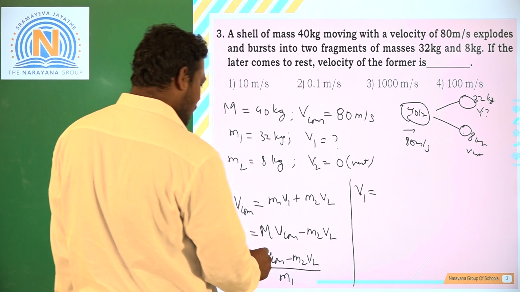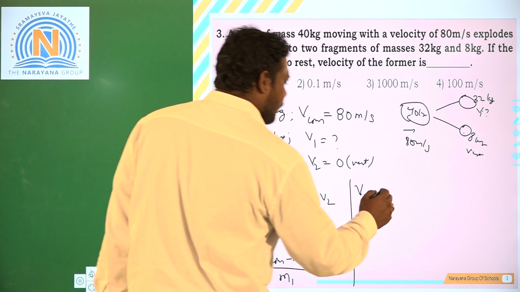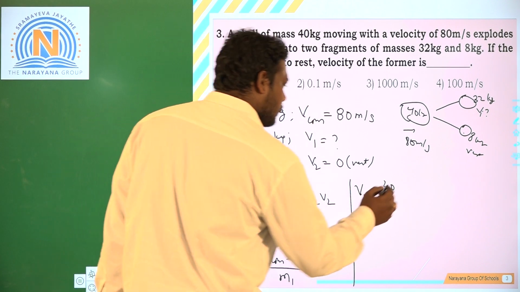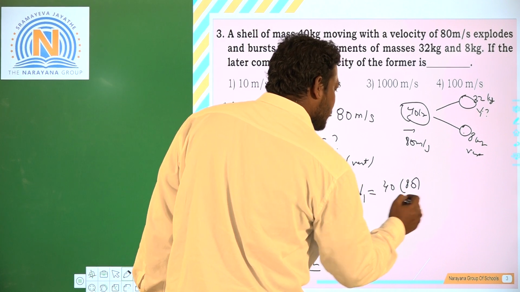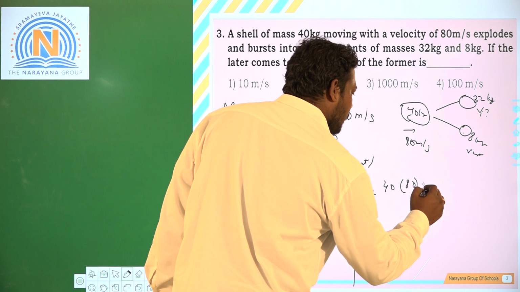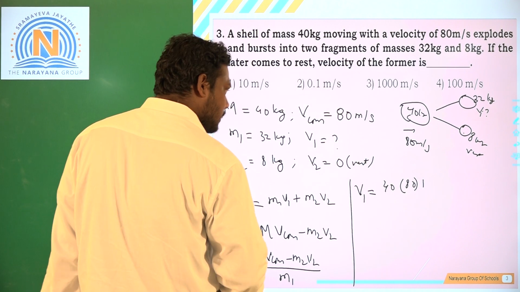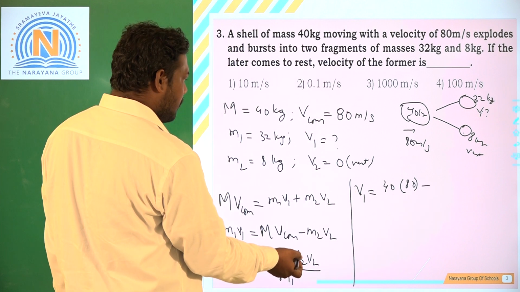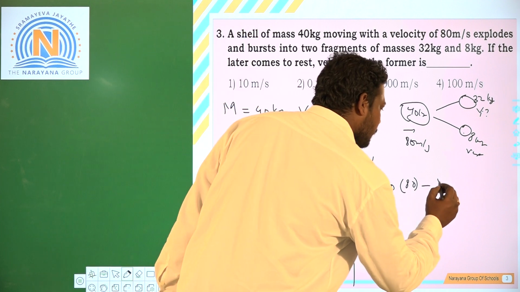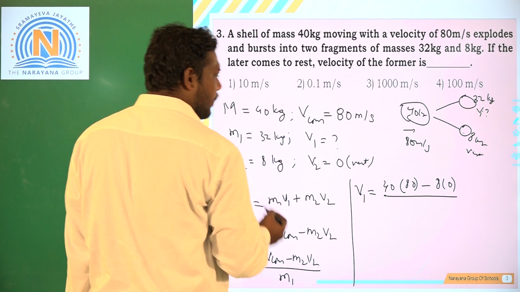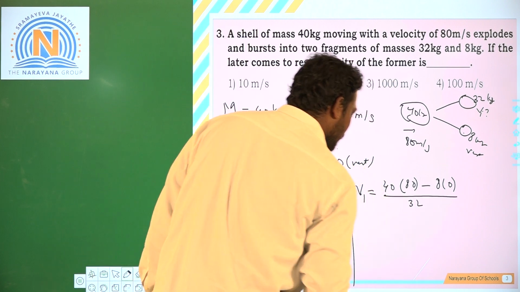v1 is equal to m into VCOM. What is m? 40. 40 into VCOM is 80, minus, because minus m2 is there. m2 is 8, 8 into 0 by, what is m1? m1 is 32, right?